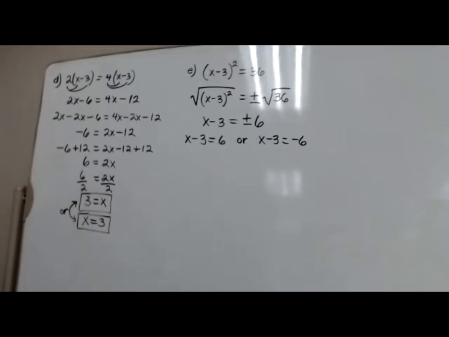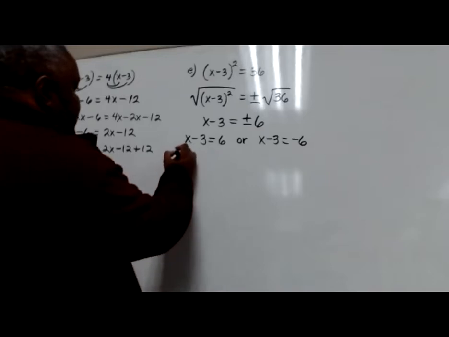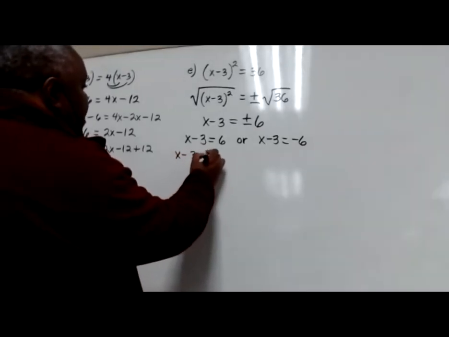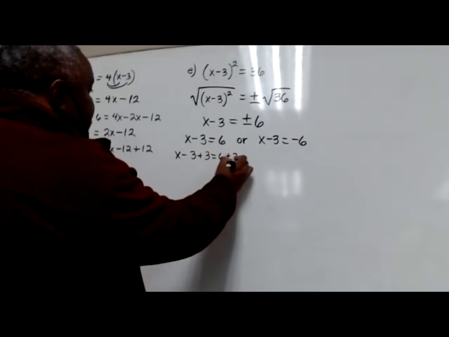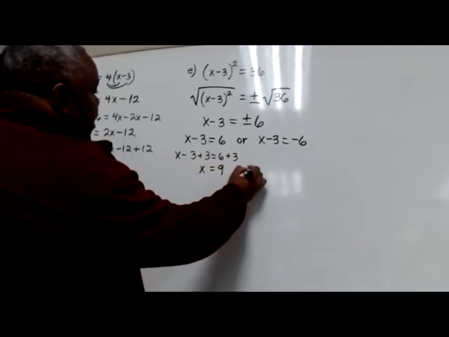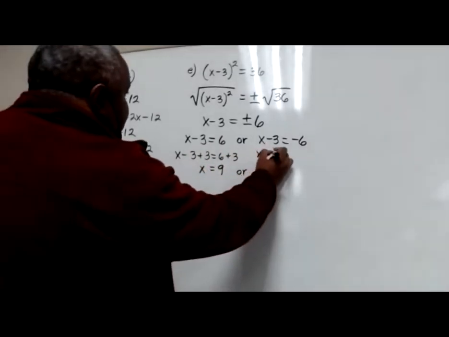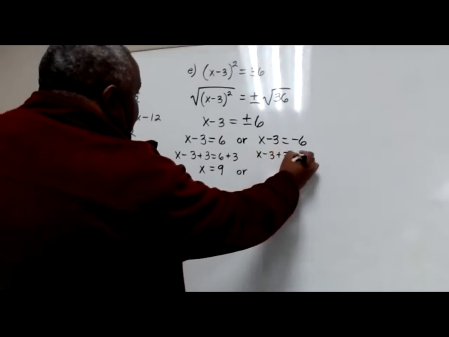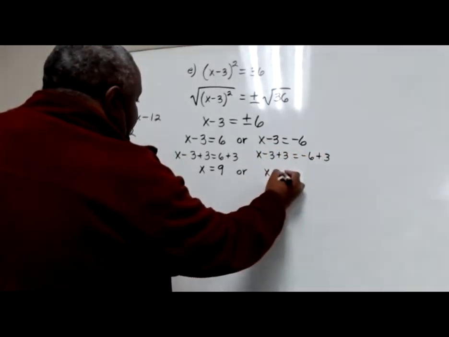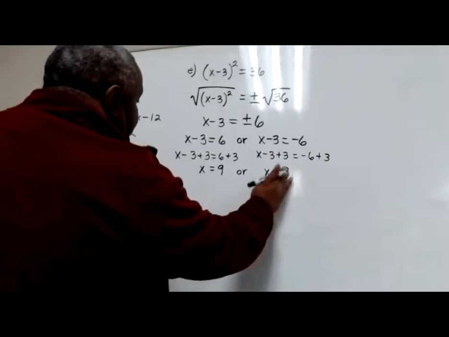For x minus 3 equals 6, what's the opposite of subtracting 3? Add 3 to both sides. So x is equal to 9. And then for x minus 3 equals negative 6, I'm still going to add 3 to both sides, but what's negative 6 plus 3? Negative 3.